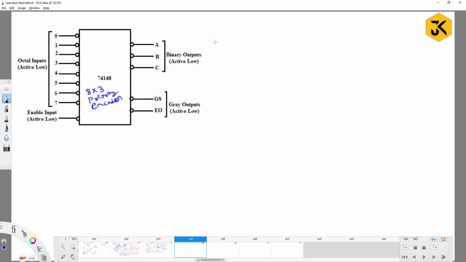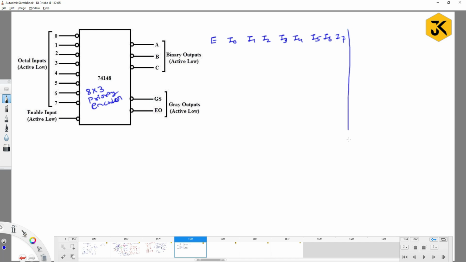I am going to have inputs: the enabler, I0, I1, I2, I3, I4, I5, I6 and I7.